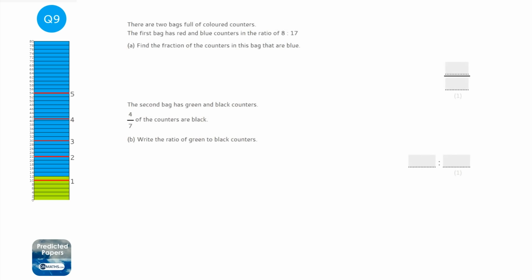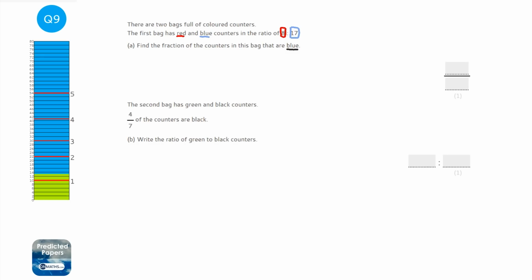It's important that we're comfortable with converting between ratios and fractions. So having a look at this question, red on the first one is 8, and blue is 17. So for every 8 red, there are 17 blue. And it's asked us for the fraction that are blue.